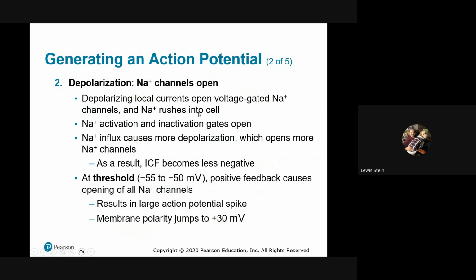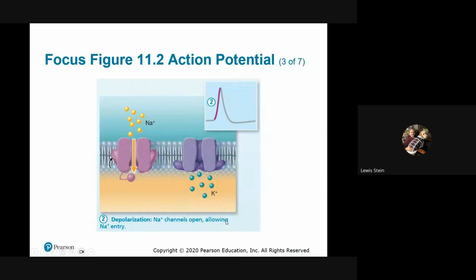As sodium rushes in, they activate. The inactivation gates are open when this is happening. It leads to more depolarization, more channels, becoming decidedly less negative or more positive. Okay, and assuming it reaches the threshold, it generates that giant spike and that big 100 millivolt jump. Voila, everything's flowing in, sodium is still blocked, can't get out.